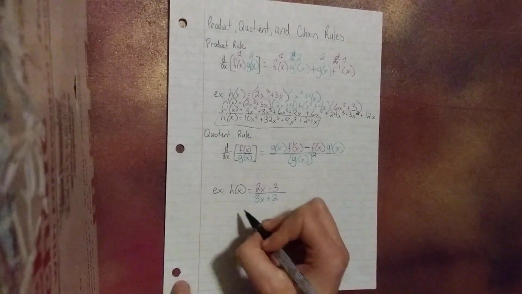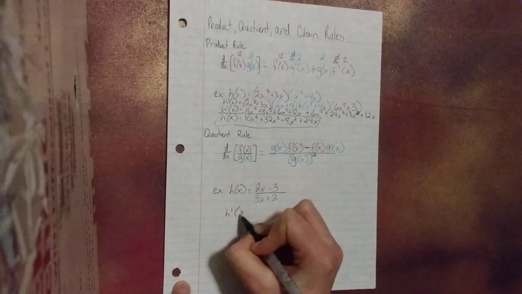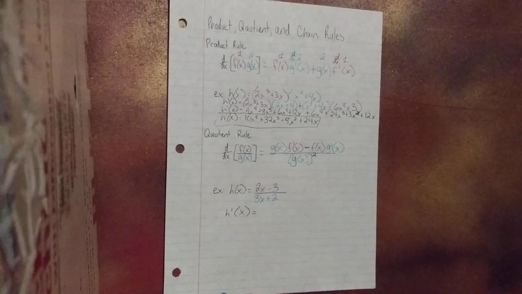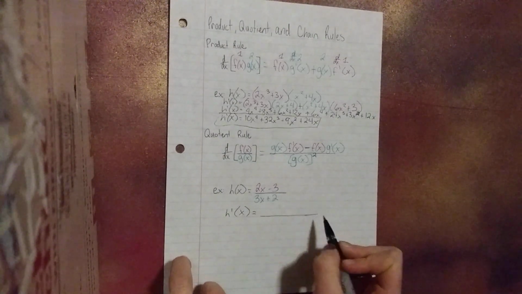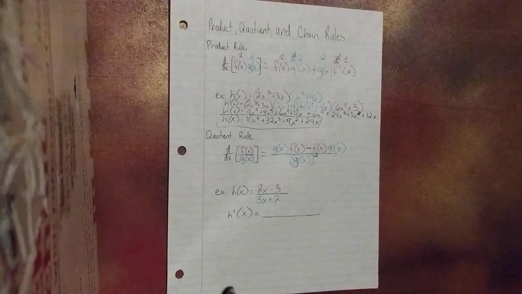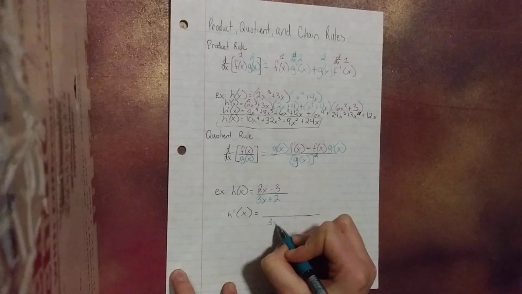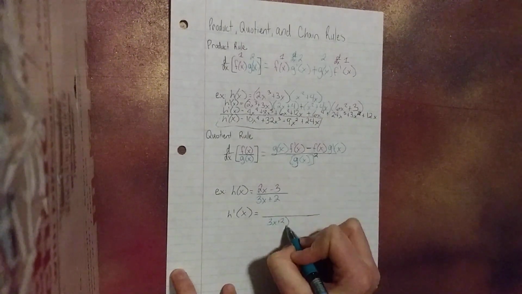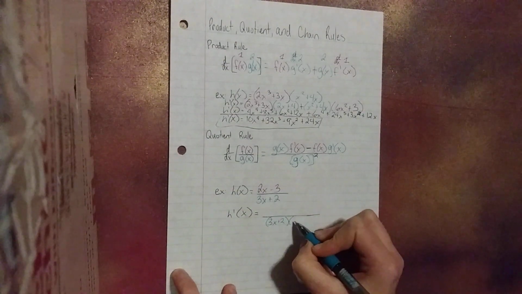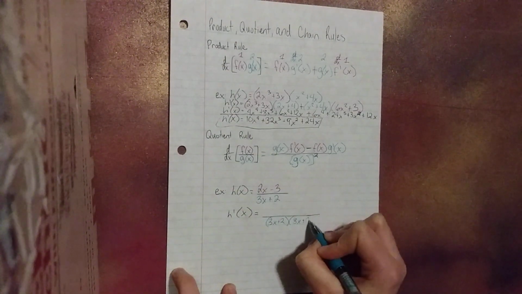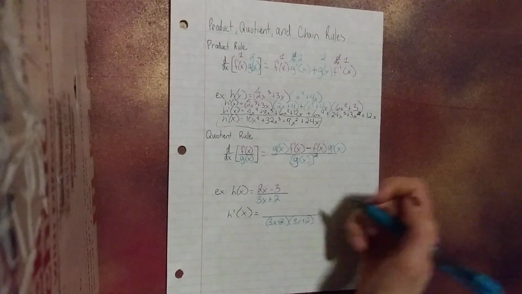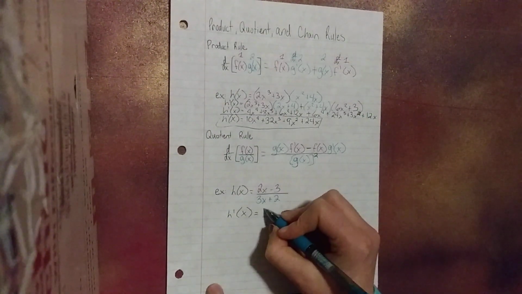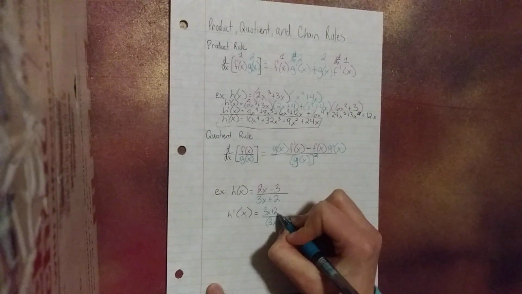So h prime of x is equal to, we'll take the bottom equation and put it on bottom, 3x plus 2. And then I'm going to write out the other one, 3x plus 2, because we're multiplying it by itself. And then we're going to place it on top, 3x plus 2.